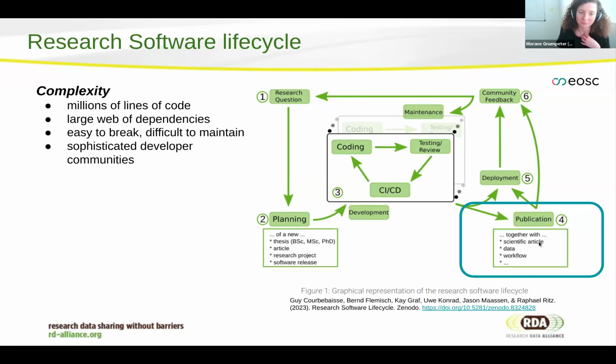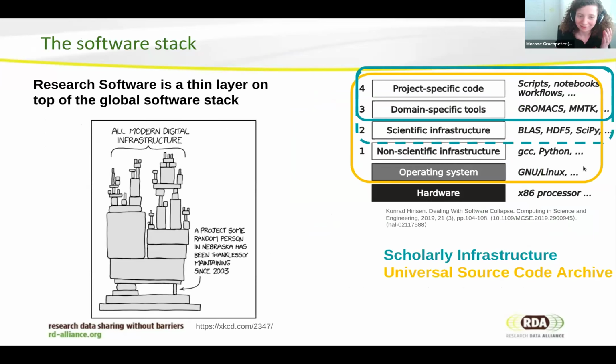Now, why is it important to think of that and to know software? It is that research software is just a thin layer on top of a global software stack. Here, the diagram is from Konrad Hinsen's Software Collapse, showing how it is really dependent on the full software ecosystem.